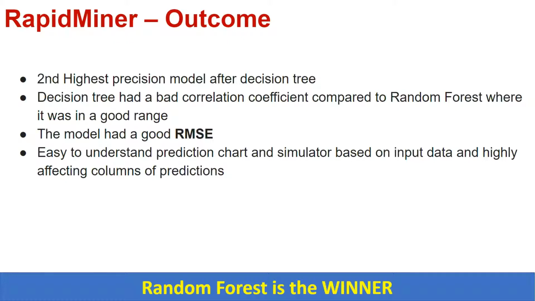The reasons for that being that it's the second highest precision model, and the decision tree had a bad correlation coefficient, which was a 0 in this case, compared to the random forest, which was in a good range. The third part, the model had a good error square root, and also it was easy to understand the prediction chart when we looked at it, and the simulator was easy to play with.